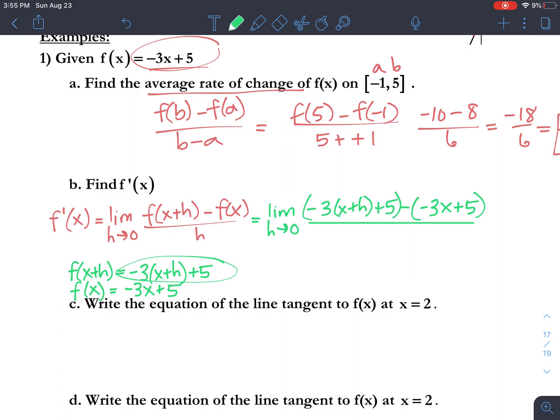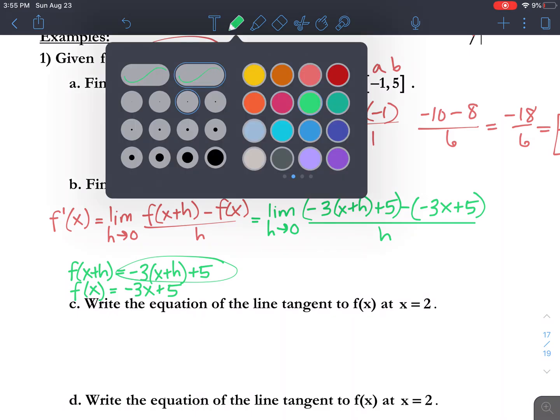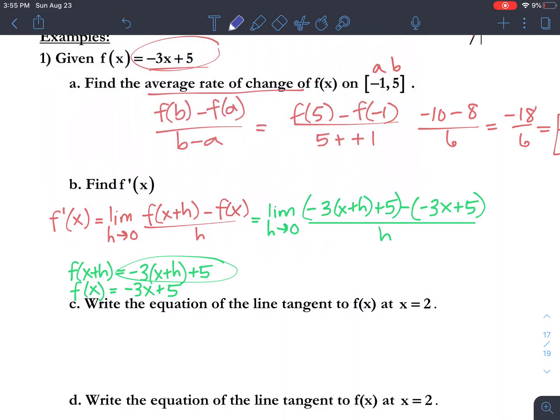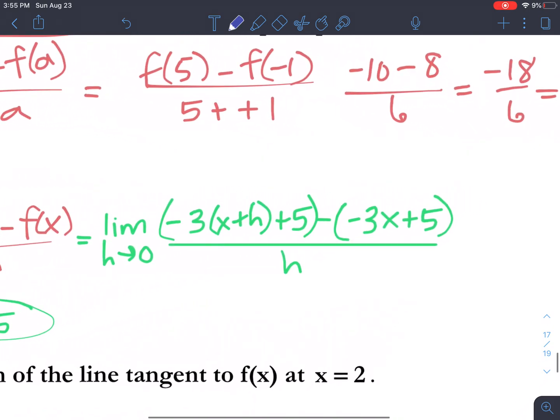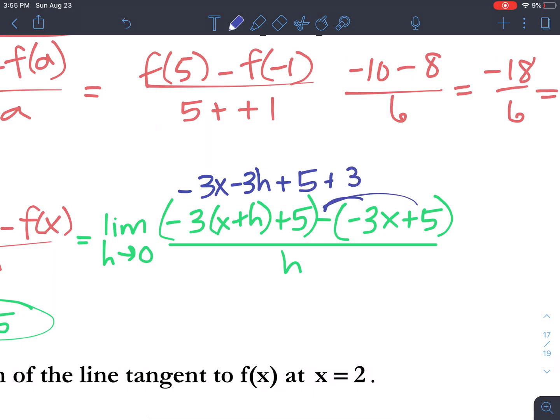All divided by h. Now, you might be thinking we could just plug h right in as 0, but what would happen, guys? We'd have that denominator of 0. So that won't work for us. We're going to try simplifying, and this should work out really nicely for us. Okay, so this gets us negative 3x minus 3h plus 5. Okay, distribute my negative, I get plus 3x minus 5.